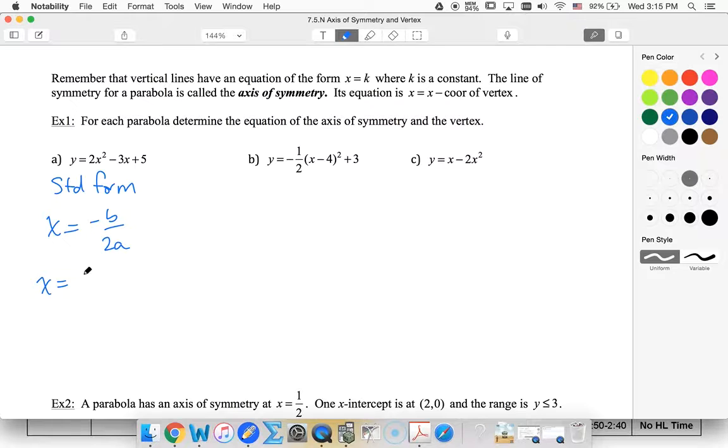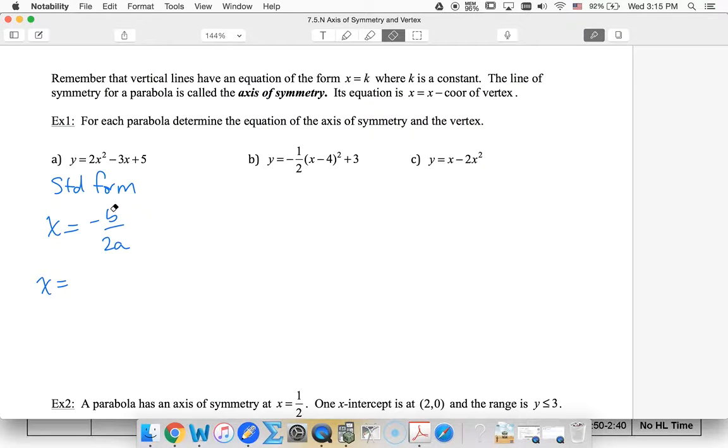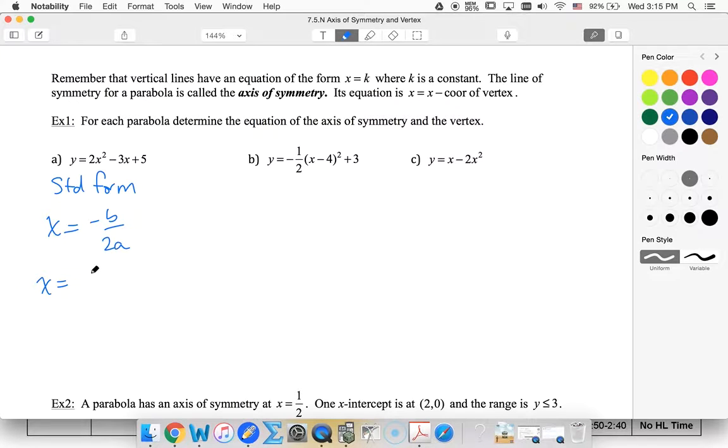So my x value is going to be negative negative 3 over 2 times 2. That's positive 3 over 4. My y value is going to be 2 times 3/4 squared minus 3 times 3/4 plus 5.